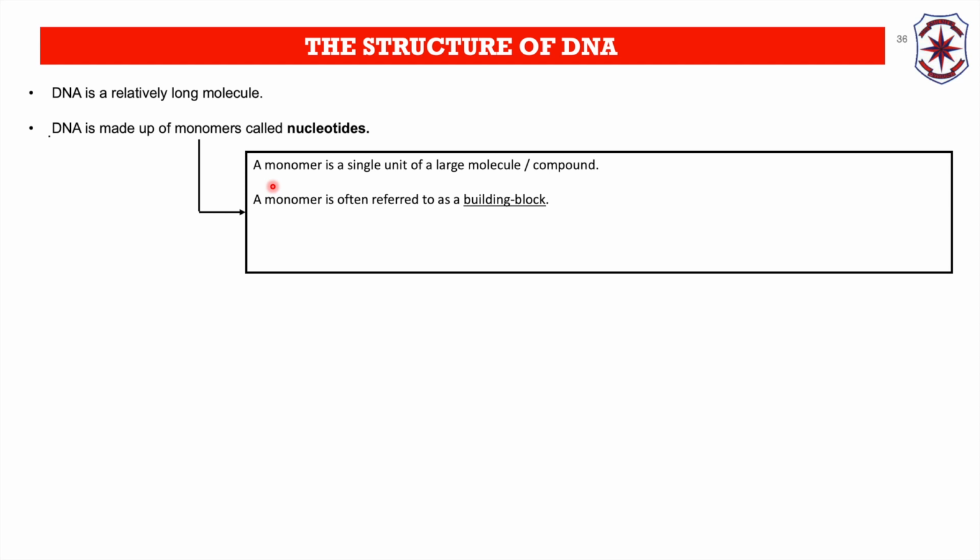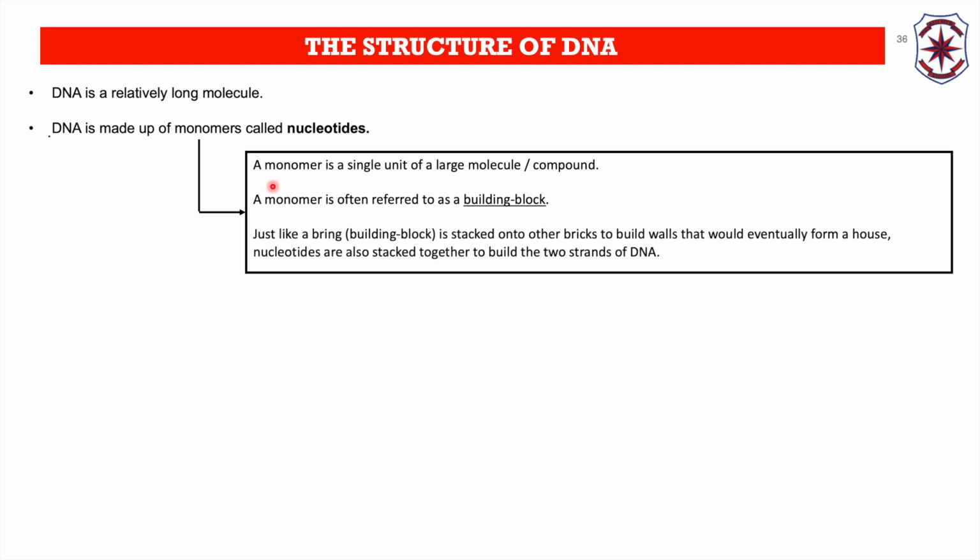A monomer is also often referred to as a building block. So the analogy: just like a brick is stacked onto another brick to build walls that would eventually form a house, nucleotides are also stacked together to build two strands of DNA.